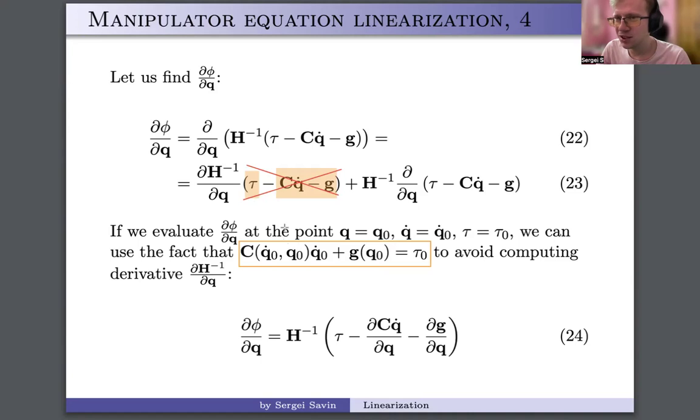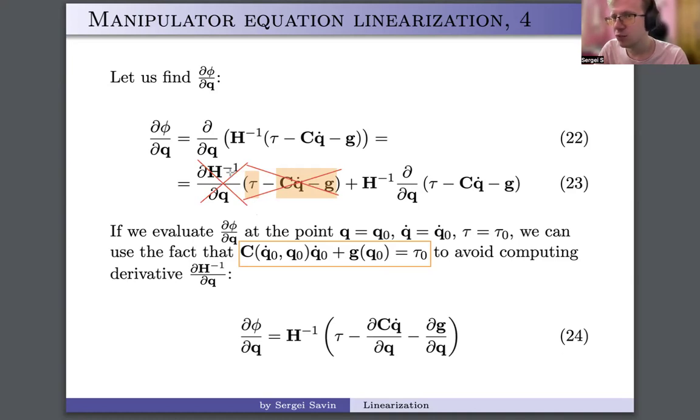But since it goes to 0, we don't need to evaluate this guy either. So that is a big advantage of linearizing around a node for a mechanical system. You don't have to take a derivative of the inverse of a matrix.